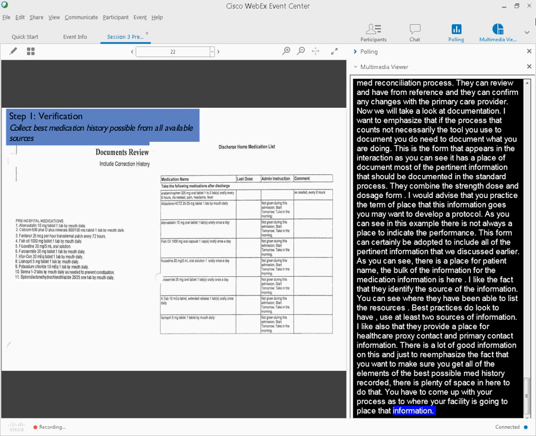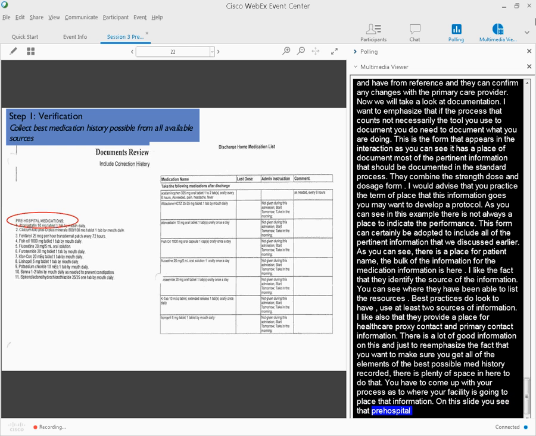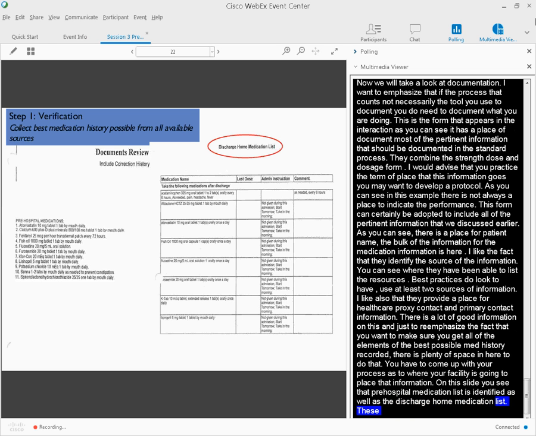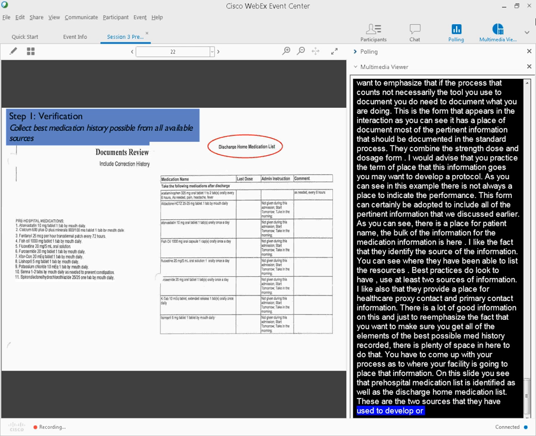On this slide, we see the pre-hospital medication list is identified, as well as the discharge home medication list. So these are the two sources that they've used to develop or verify this best possible medication history.